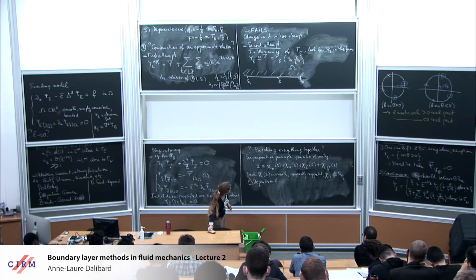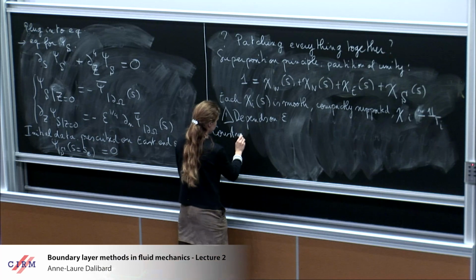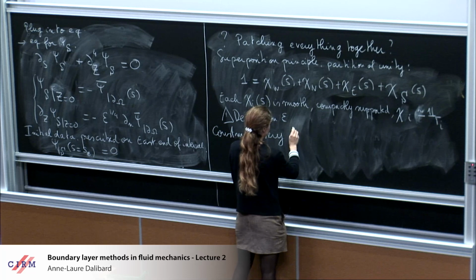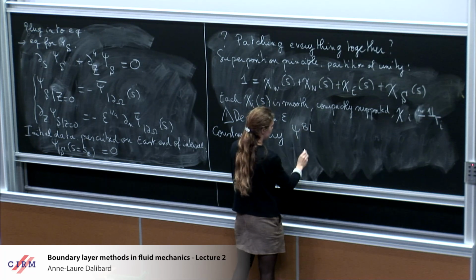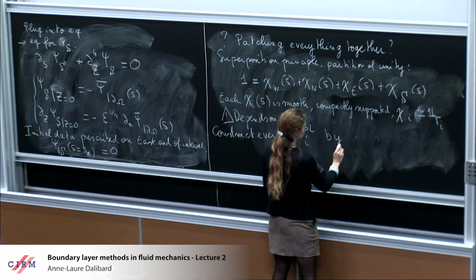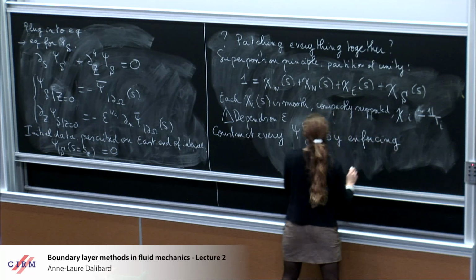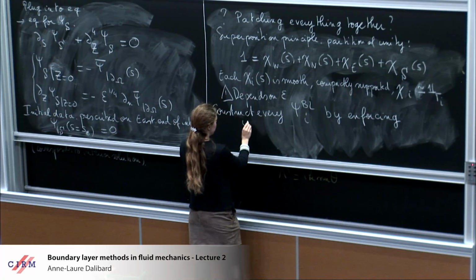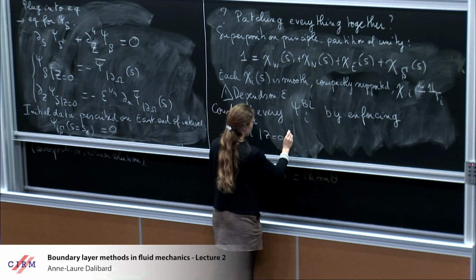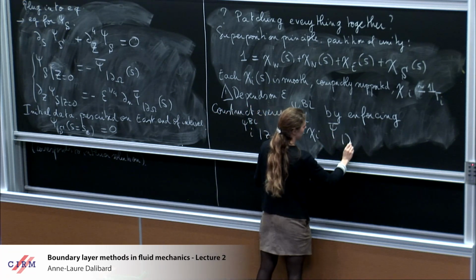And then you construct every boundary layer profile close to every boundary by enforcing that psi BL I at the point z equals 0 is equal to minus the psi bar.